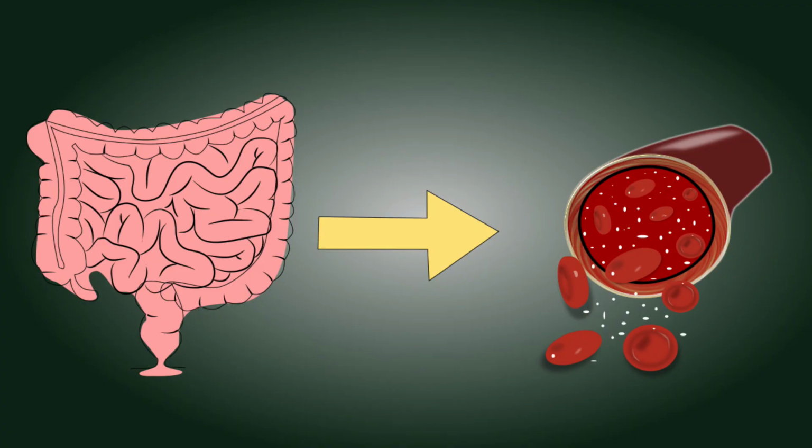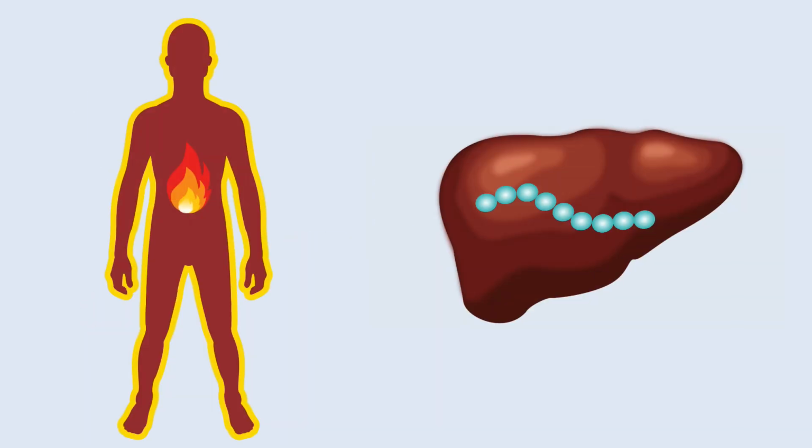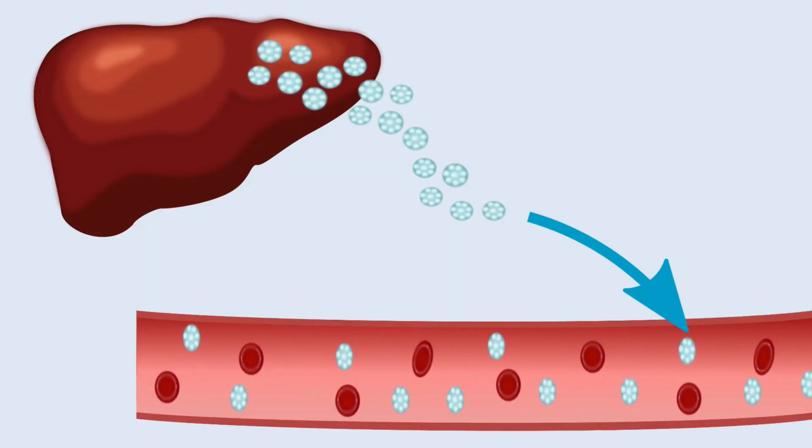Then they pass through intestinal cells into blood vessels. Then they are taken to the liver before they enter general circulation. The liver takes what it needs for energy transfer and glycogen storage. Then it sends the rest out as glucose into the blood.